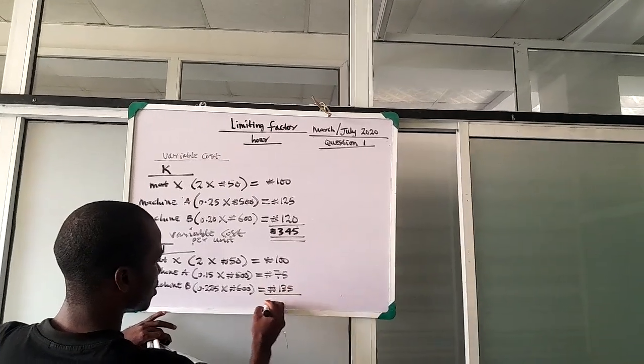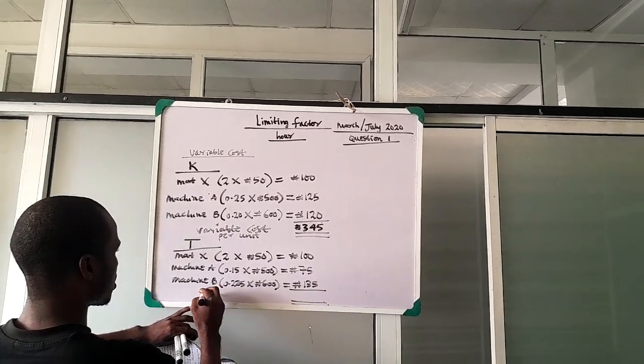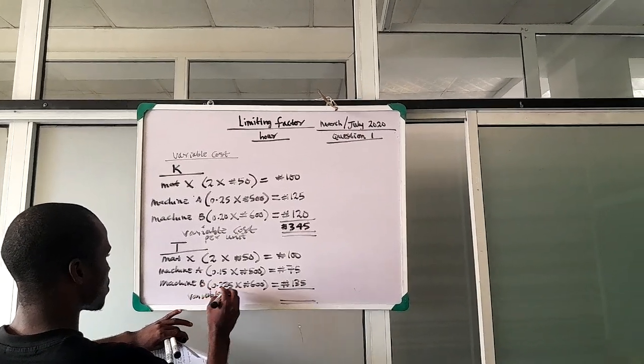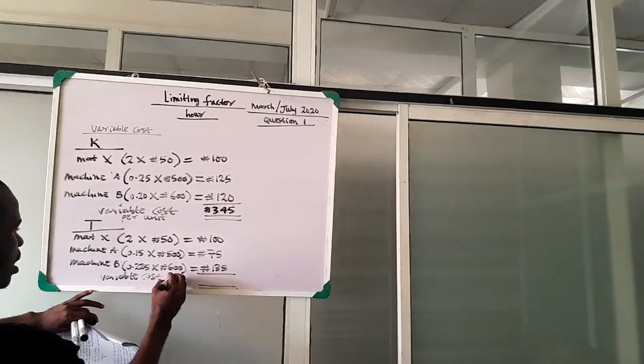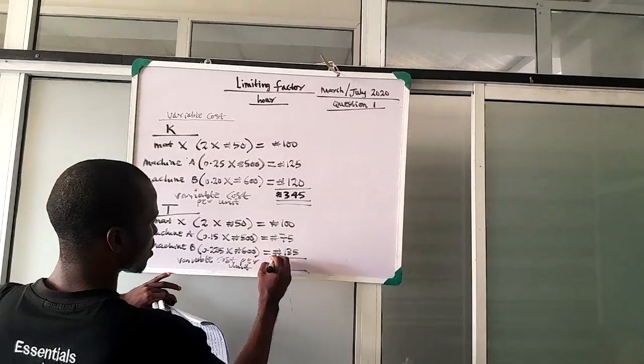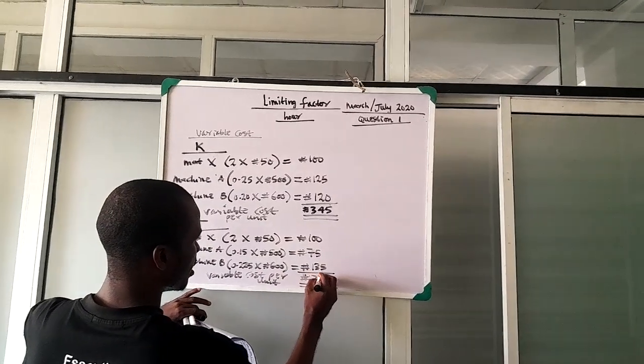The total variable cost per unit for T is 310.